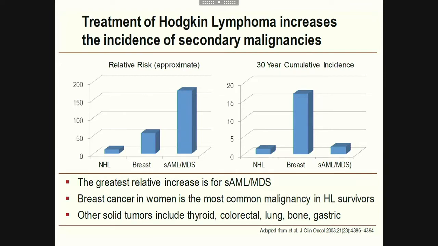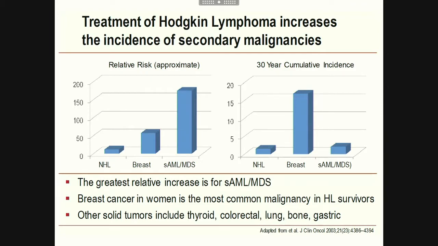But secondary AML is so rare that even though they're 150-fold more at risk than your average person, the actual incidence of secondary AML is still really low. In the normal population, it's really rare to get secondary AML. And so even though you're at 150-fold higher risk, it's still not very likely to happen.